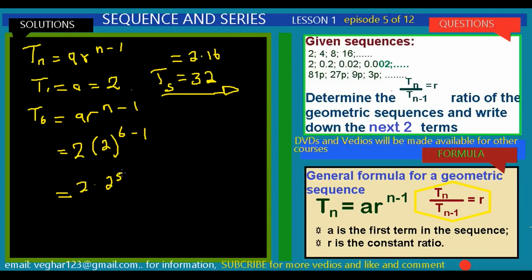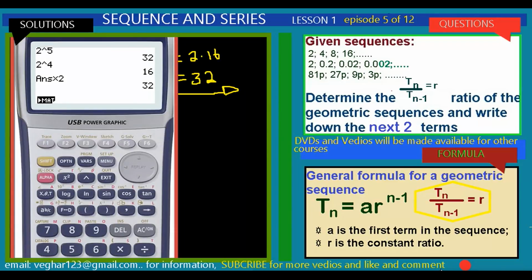We have already calculated 2 raised to 5 is 32.